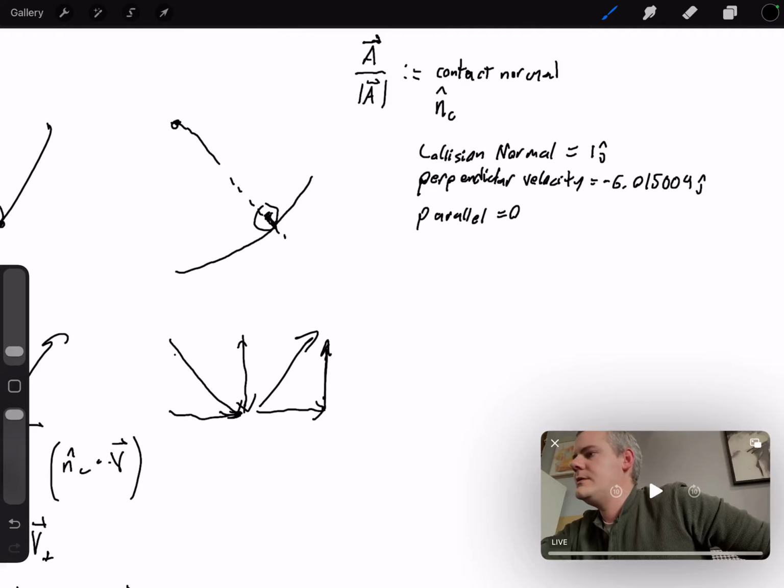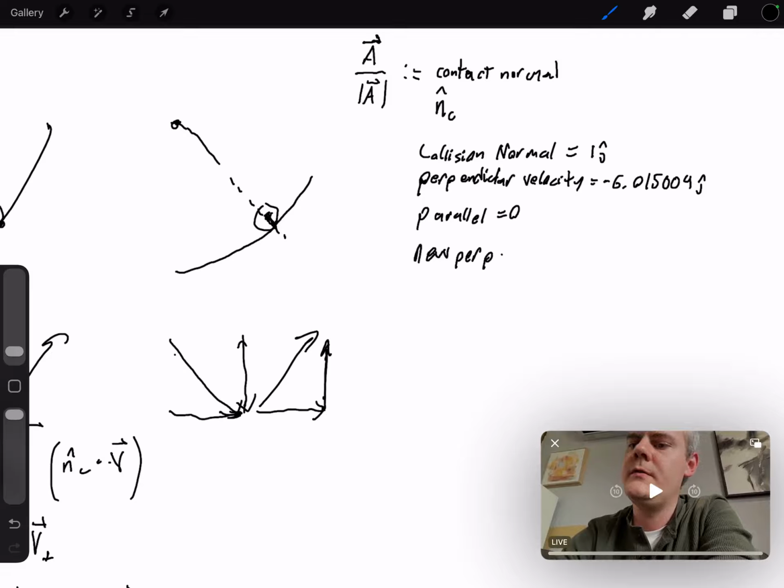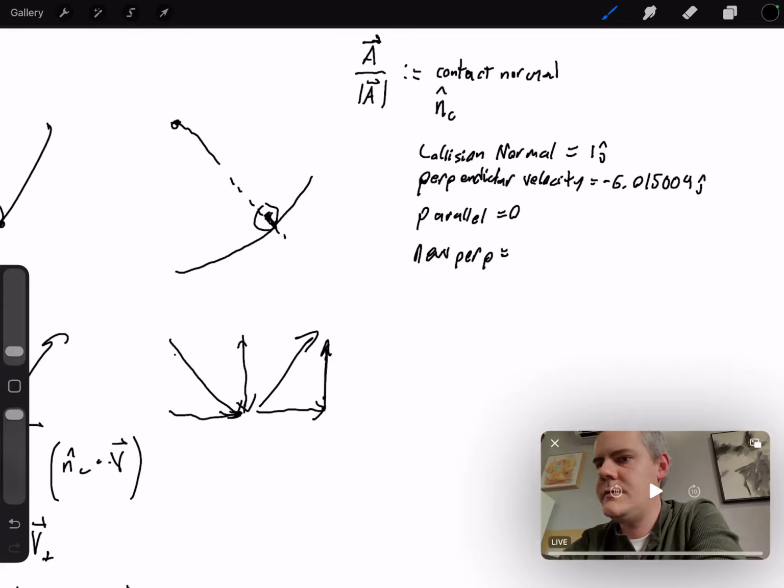Collision is what it was. Perpendicular velocity. All right, I see a positive. New perpendicular is 5.714.254.